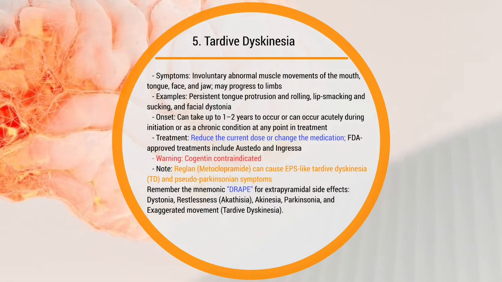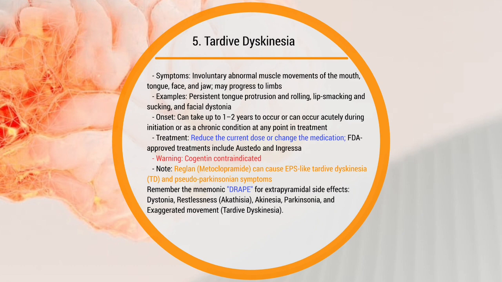There are other medications like Reglan that could cause TD as well, but antipsychotics are the major class of medications, and usually after a 2-year period, and less so with the second generation compared to the first generation, right? So, for example, it can take up to 1 to 2 years to occur.